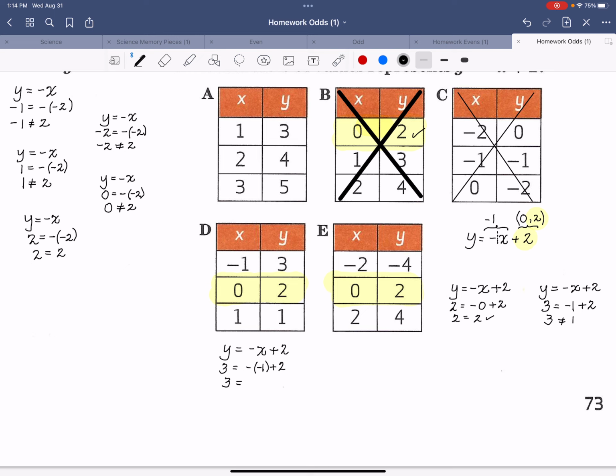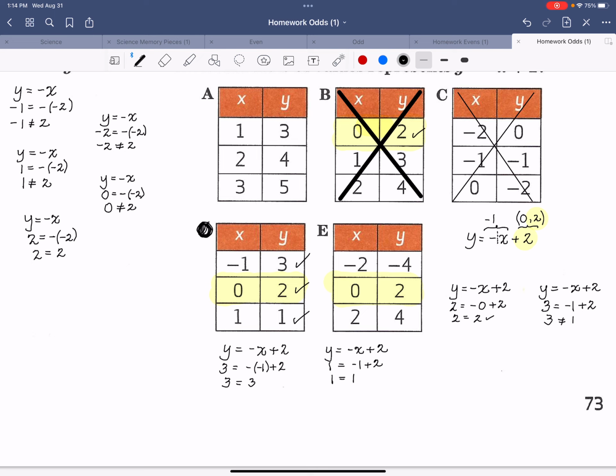That is true. So that point checks. Let's see if this point checks. 1 equals negative 1 plus 2. And sure enough, there it is. So D is the answer we're looking for.